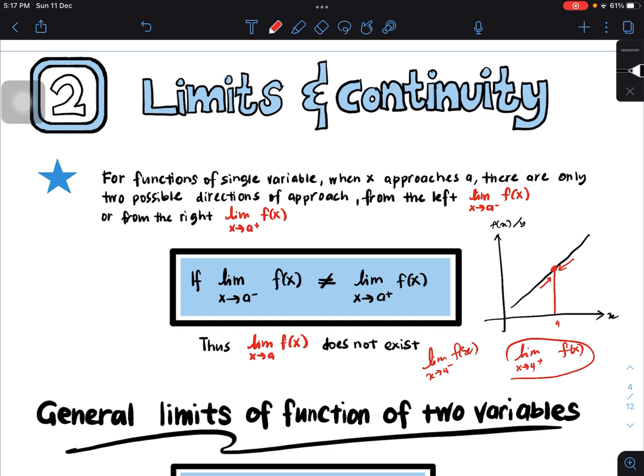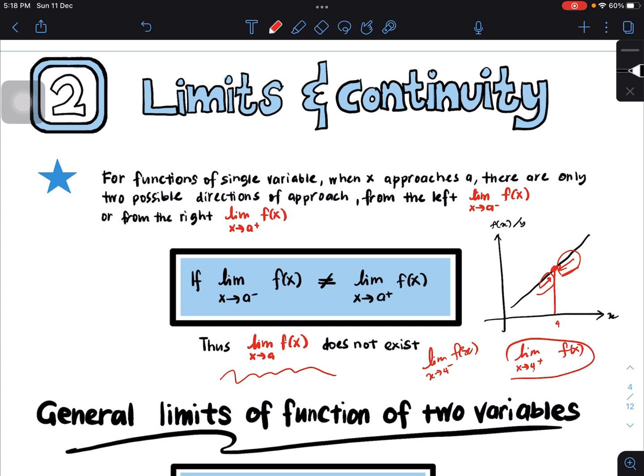So what you need to do is find the limit of function f from the right and the limit of function f from the left. Is it the same value or not? If it's not the same value, you will conclude that the limit of the function f(x) as x approaches 4 does not exist.